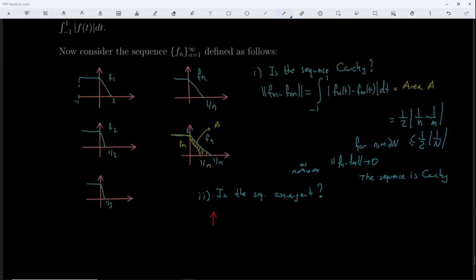So if I plot fn, the limit as n goes to infinity of fn, as you see over here, this was f3. fn will be something like this, right?